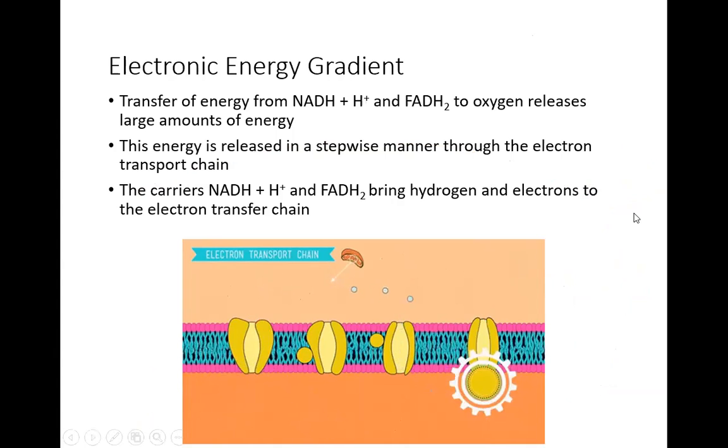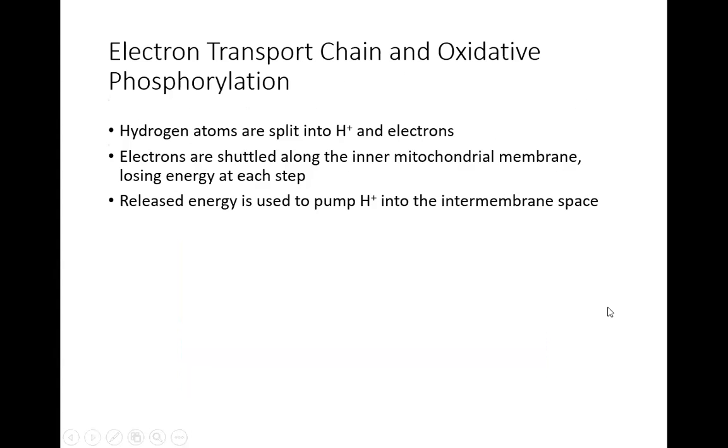These are the NADHs coming up, releasing their hydrogens and electrons. There goes the little white dots, the hydrogens. The energy from the electrons is used to pump them across. As they come back down, the only way they can get out is through these ATP synthases. And as the hydrogens go through there, that mechanically forces a phosphate onto ADP.